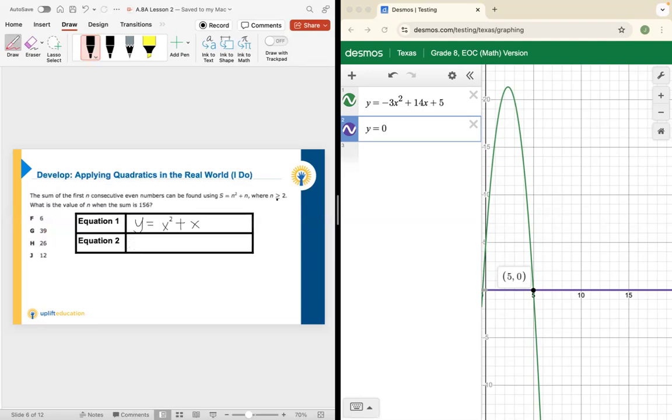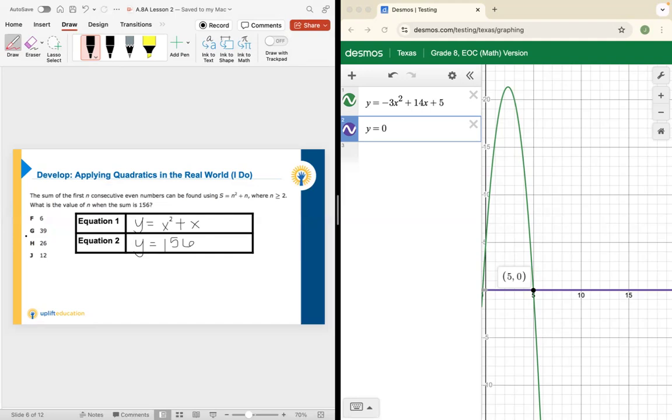So there's a hint. So we know that our solution has to be greater than 2. But it says the sum of the values is 156. So that's going to be our second equation here. So we have y equals 156.